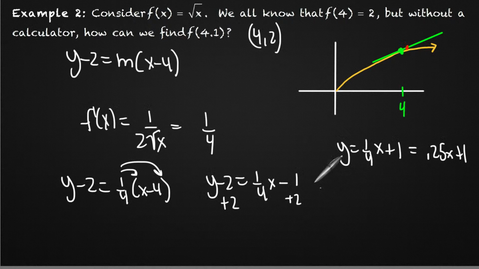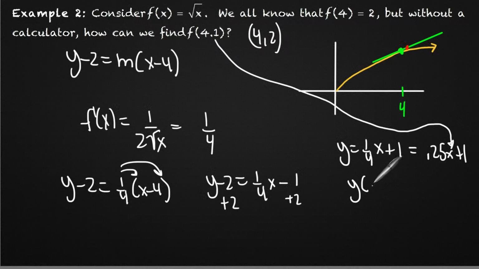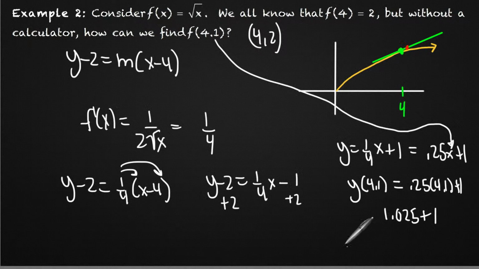Now what we can do is plug in our desired point of 4.1 into our tangent line, and we get y of 4.1 is going to be equal to 0.25 times 4.1 plus 1, and 1/4 of 4.1 is going to simply be 1.025, once again without a calculator, plus 1, so you need to do a little mental math. So this is going to be 2.025.